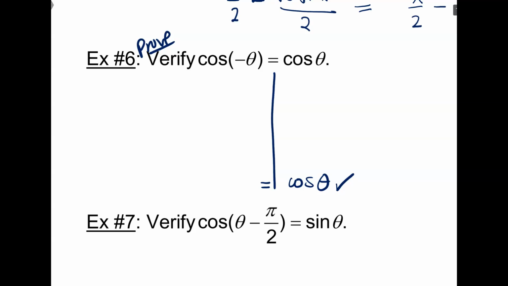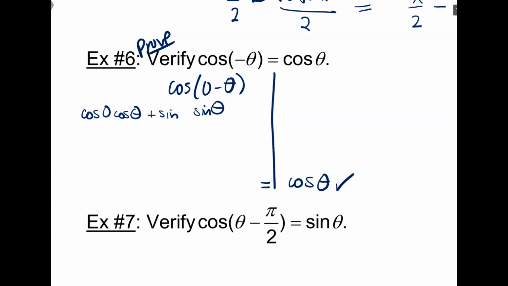So first, cosine negative theta is going to be cosine of 0 minus theta. If I have negative theta, that's the same thing as 0 minus theta. And if I write it as a difference, then I can use the difference identity. Hey, yeah, there's a problem like this on your test. Awesome. Maybe I should not tell you that. Cosine 0 degrees times cosine theta plus sine of 0 degrees times sine of theta.